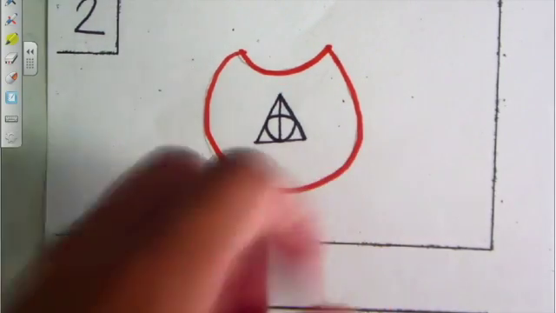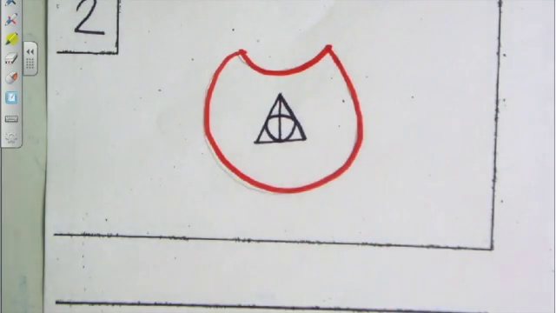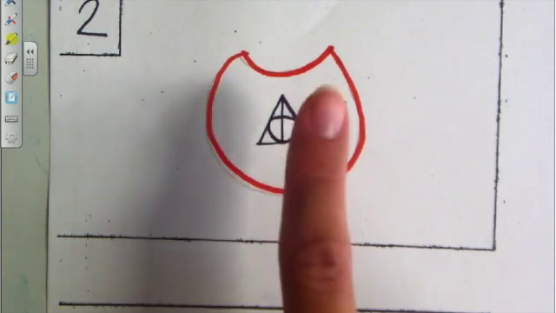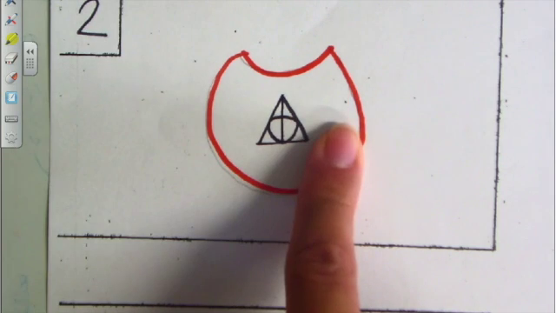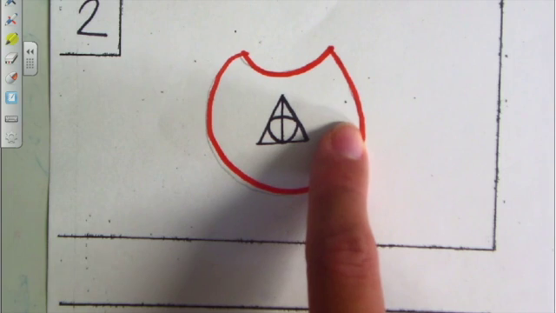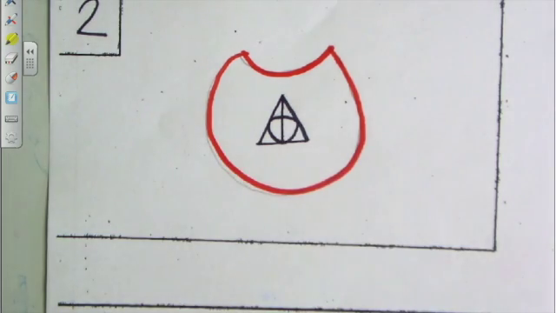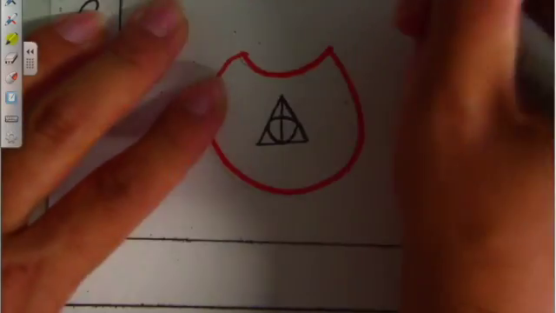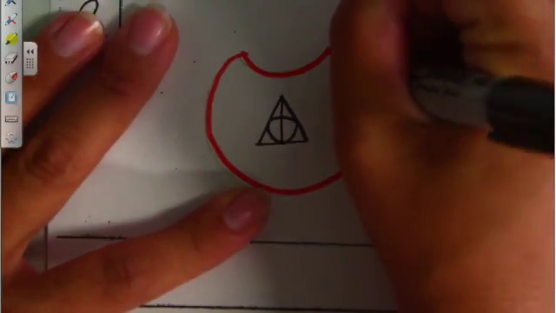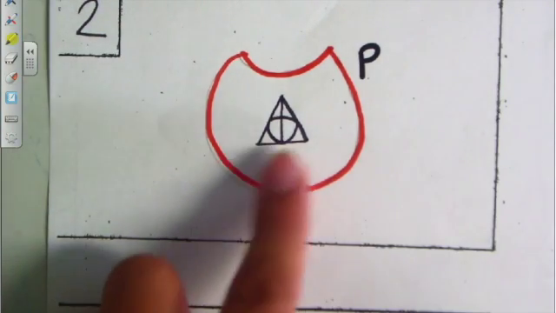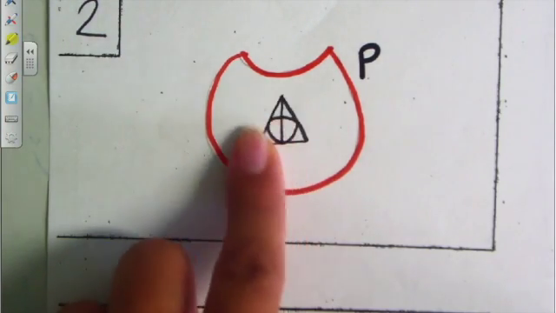Let's sound out pumpkin and look for that first sound. Ready? P, p, pumpkin. P. What letter makes p, p, p? P, like parrot or princess. P. The other thing we should label is that middle. What is this?